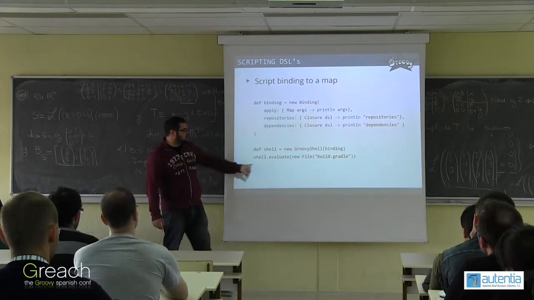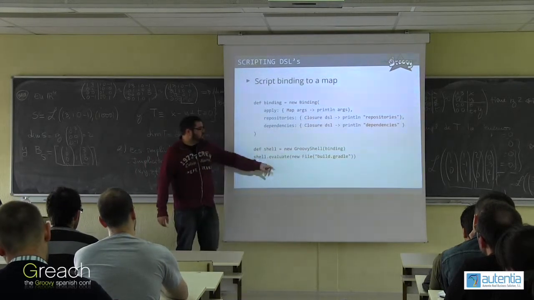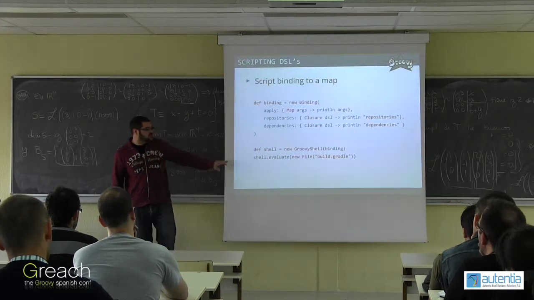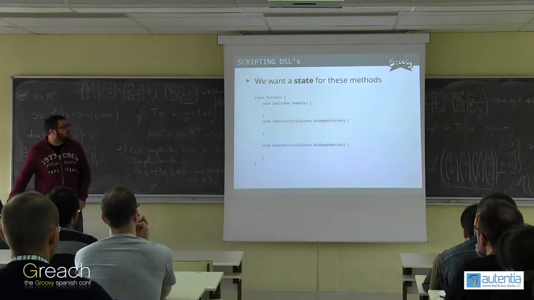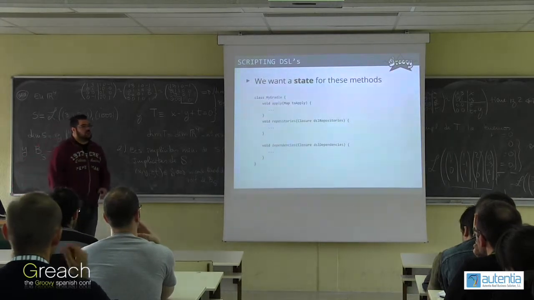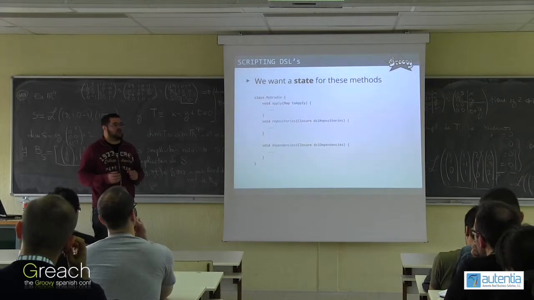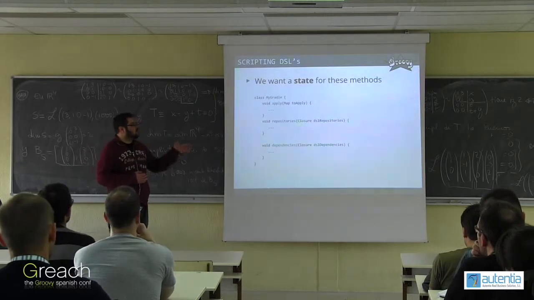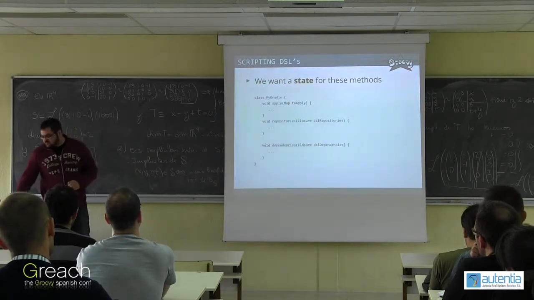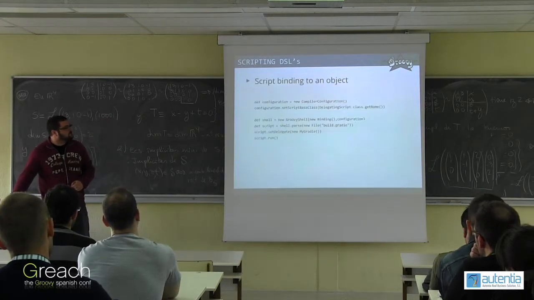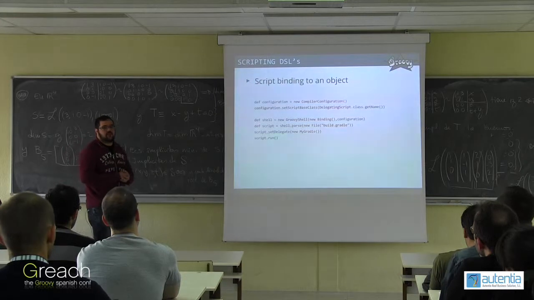Then to evaluate your build.gradle, you only have to call this method, evaluate. But if you don't want to use a generic map, you can also use a class instance and store the state inside that instance.